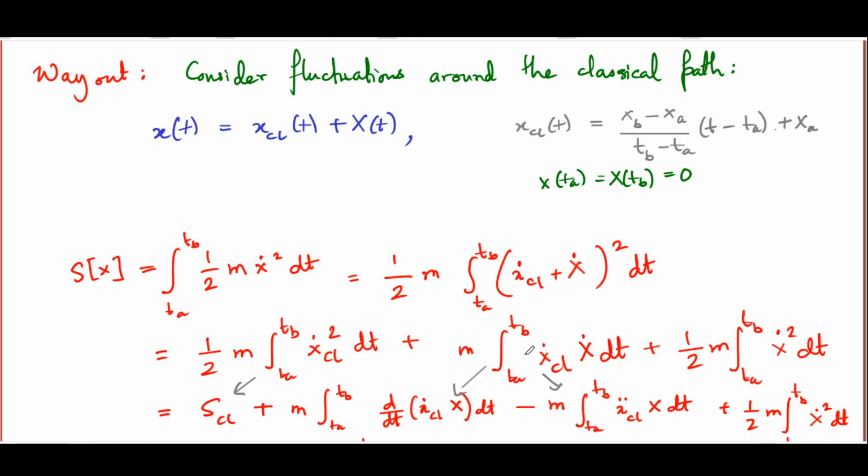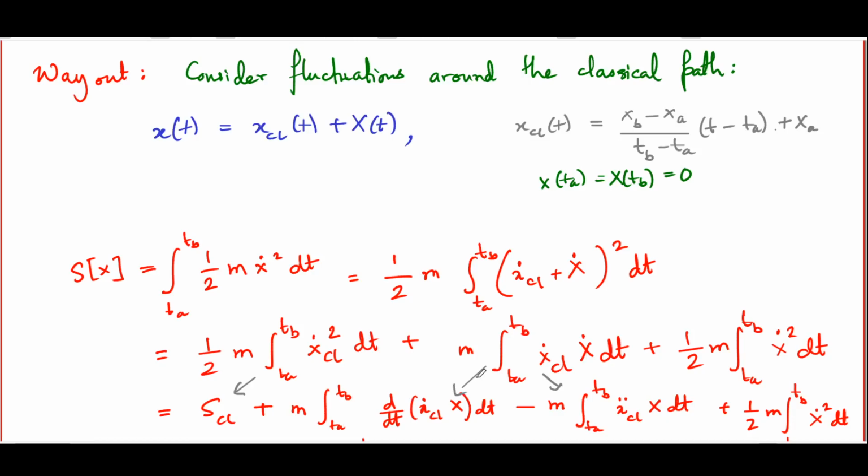Now the reason why I am doing this is the following. This, of course, can be integrated trivially. It becomes small x dot cl capital X at tb minus the value of the same thing at ta. But remember, capital X vanishes at tb and ta, so this term actually goes to 0.